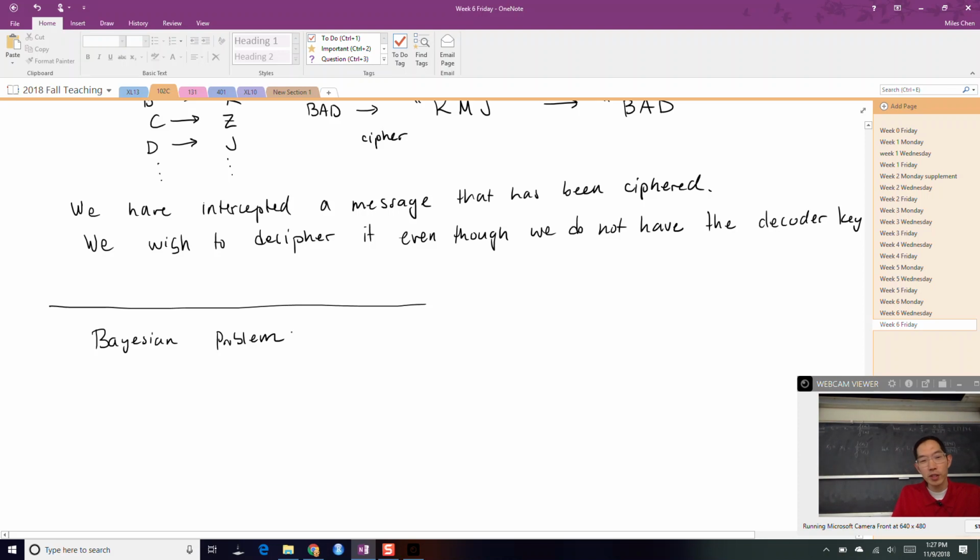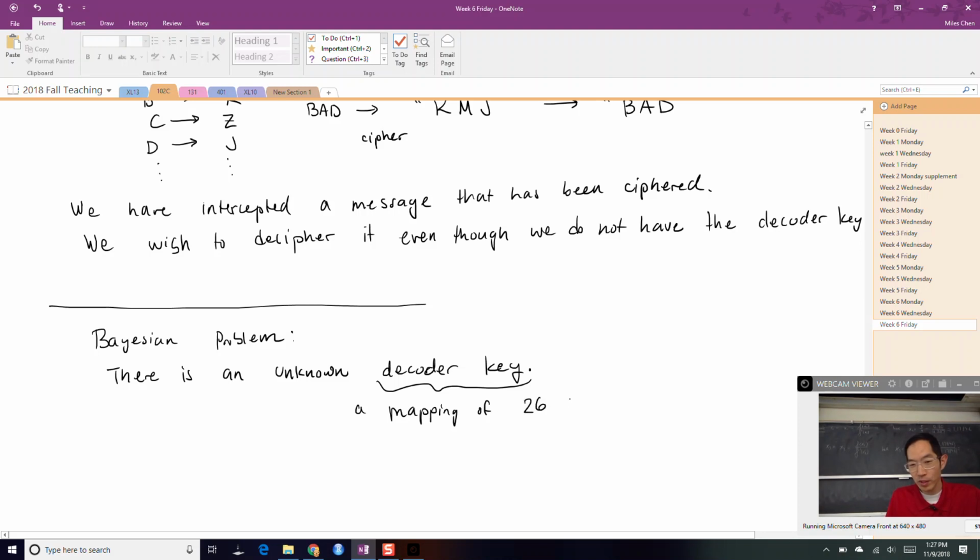Okay, so there is an unknown decoder key, and this decoder key is going to be a mapping of the 26 letters to 26 letters, okay?